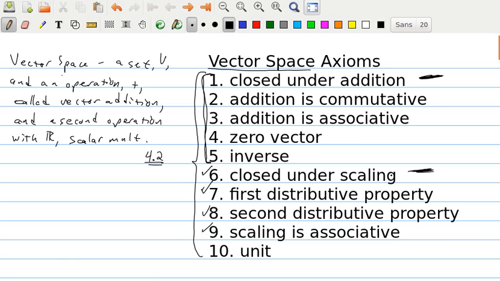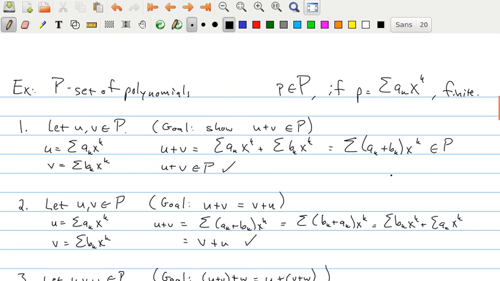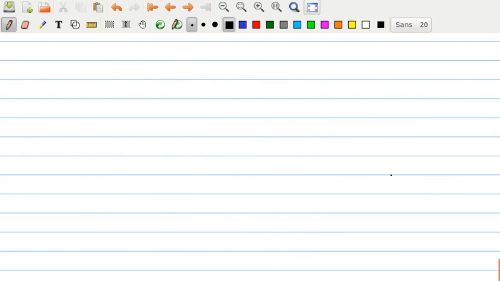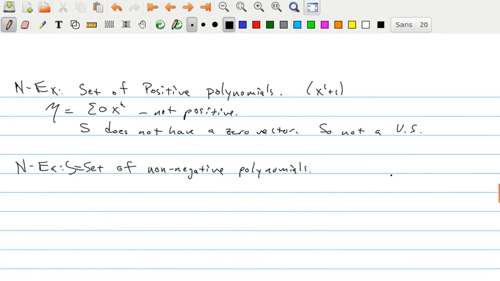Closure under scaling, though, that may give us a problem. So let's just take x squared plus 1. So we have a specific element from this set, and let's take our favorite real number, negative 1.